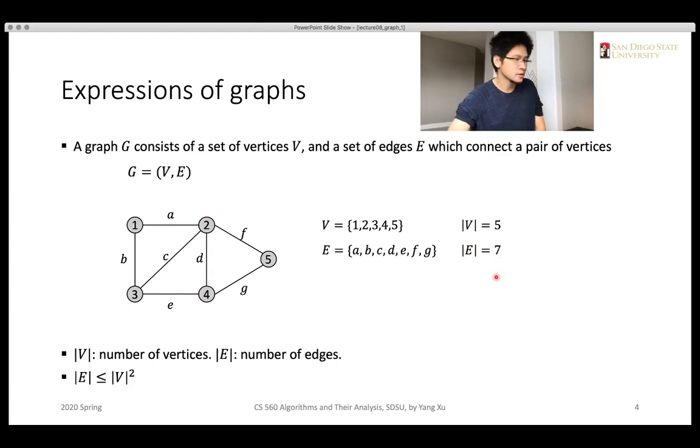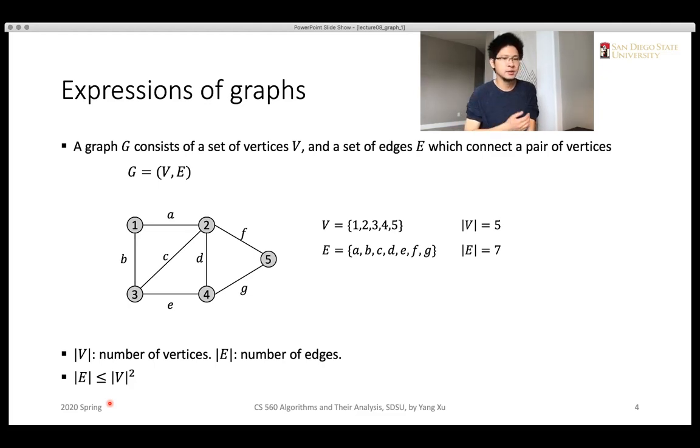So it's always satisfied that the number of edges should be smaller than or equal to V times V, or the size of V raised to the power of 2.